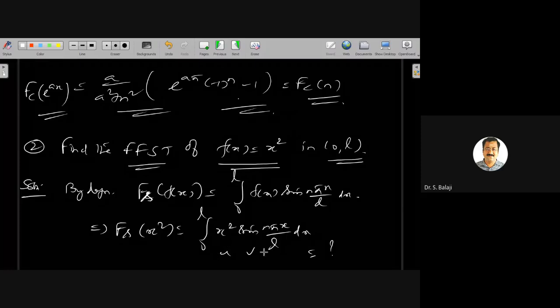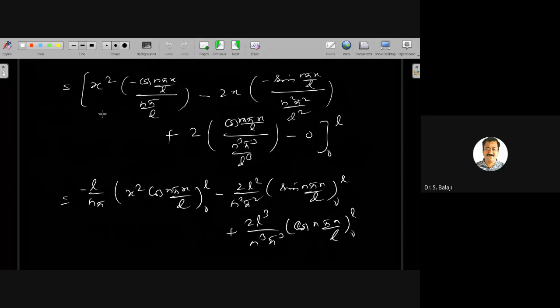Then integrate by Bernoulli's formula for the uv product of two functions. U is x square.